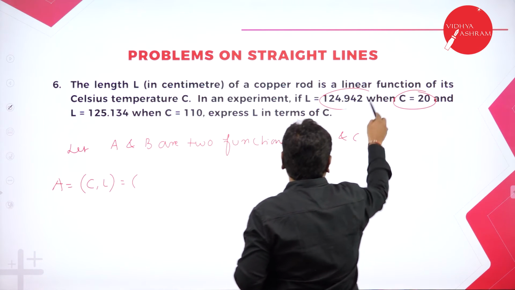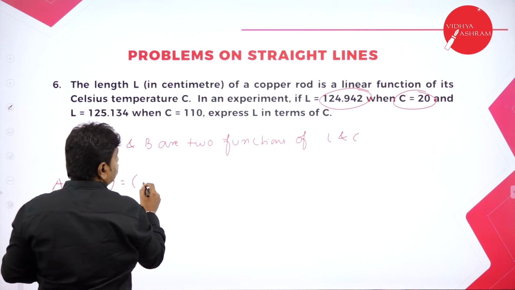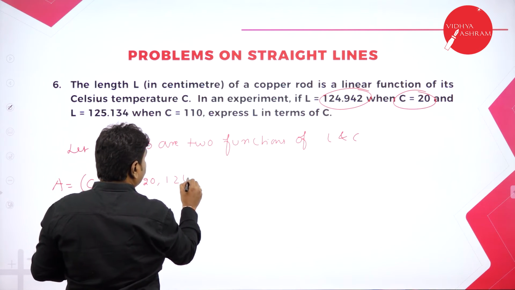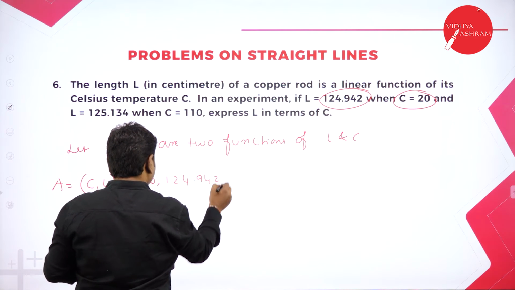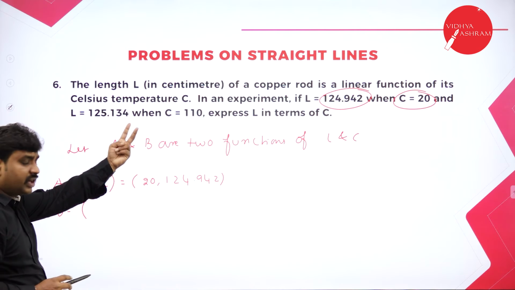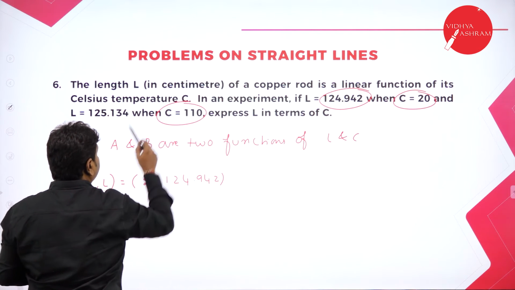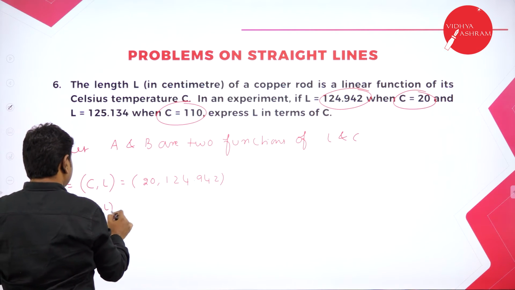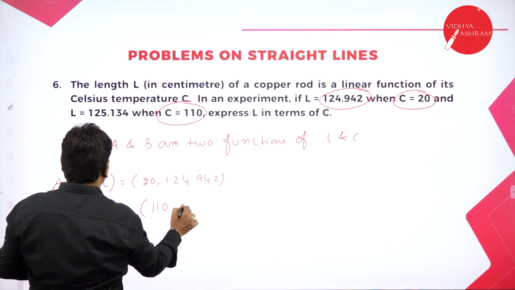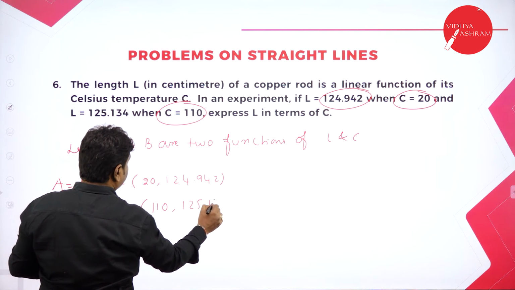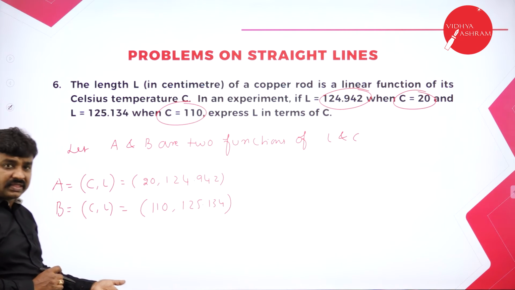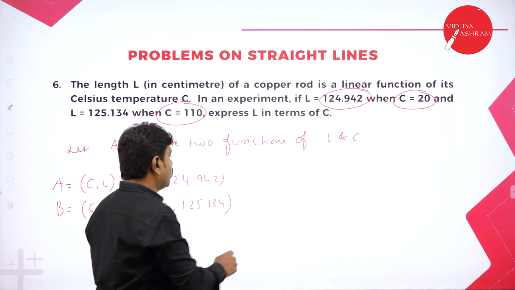What is the L value? 124.942. So 20 comma 124.942, and another point B, that is the other set of L and C. They gave two sets. So what is the other set of C? C is 110 and L is 125.134. Please observe carefully. We know 2 points on the line. You can use 2-point form of line.